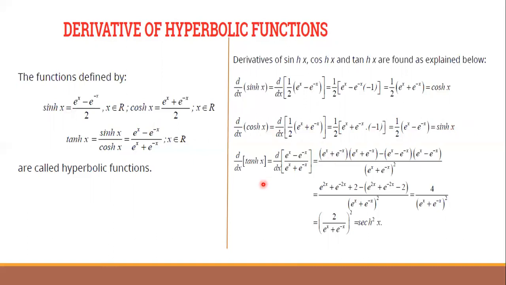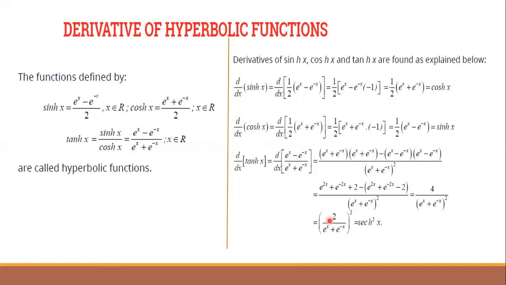And the next is derivative of tan hyperbolic x. Replace the value of tan hyperbolic x, that is e raised to power x minus e raised to power minus x over e raised to power x plus e raised to power minus x. Here two functions are in the form of a quotient, so we will use the quotient formula.